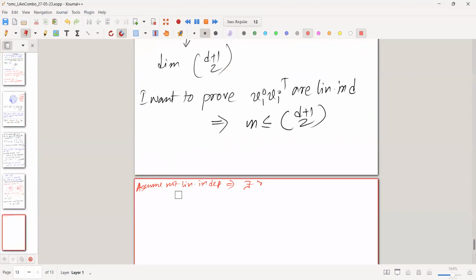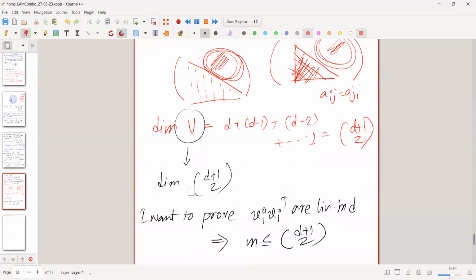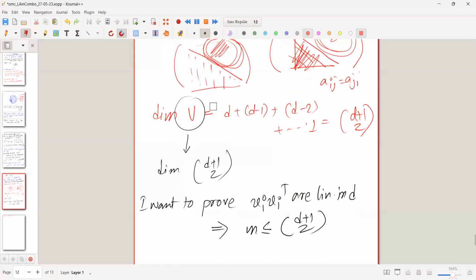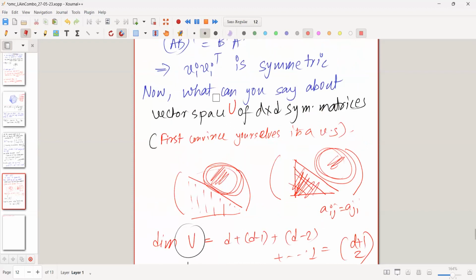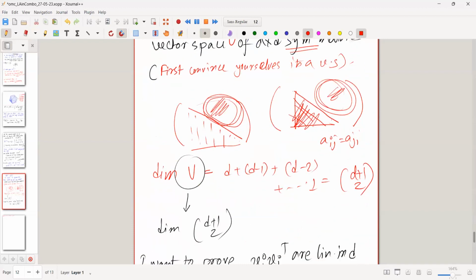So if we consider the vector space of all D by D matrices, then that has dimension D squared, right?